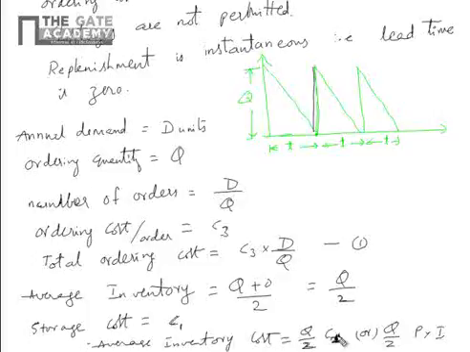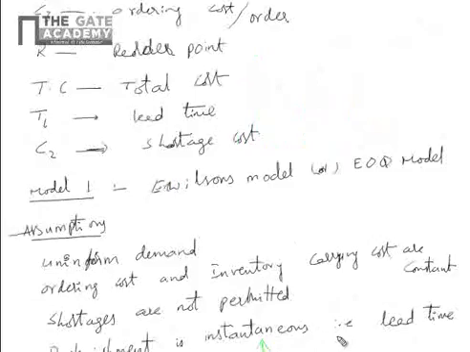So you have to remember economic order quantity. It is called EOQ.